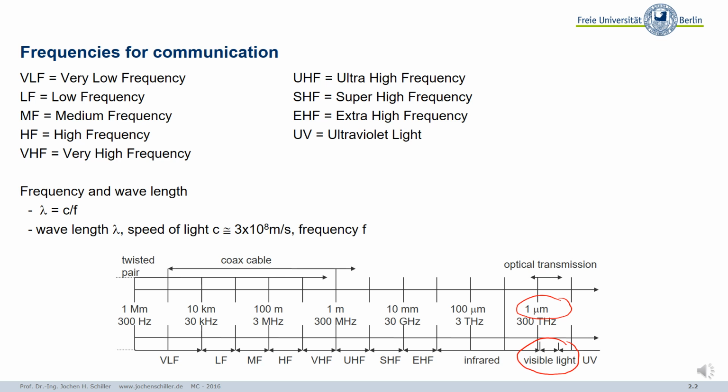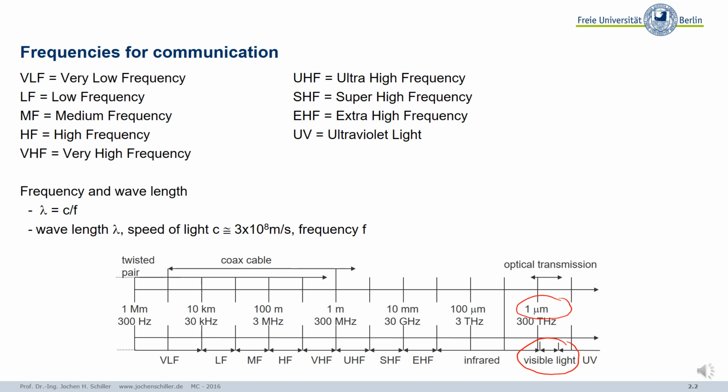You don't say, oh, the leaves out there in the trees, they are really pretty 650 nanometers or whatever. So you say they are green, whatever. Yeah, I hope this is green. So we use colors, but that's nothing else but a certain frequency in the range of visible light.